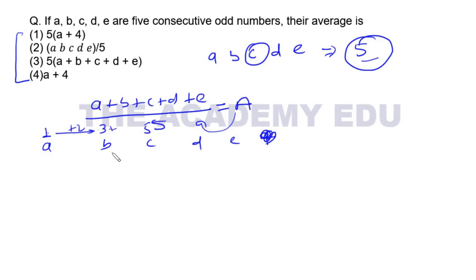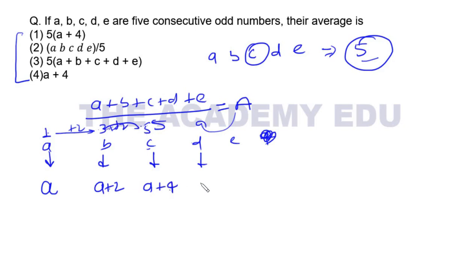Between two consecutive odd numbers, there is a difference of 2. If the first odd number is A, what is B? B is A plus 2. What is C? A plus 2 plus 2, means A plus 4. What is D? A plus 4 plus 2. Like if we have 3, what is the next number? Add 2, 5. 5 is the next odd number.